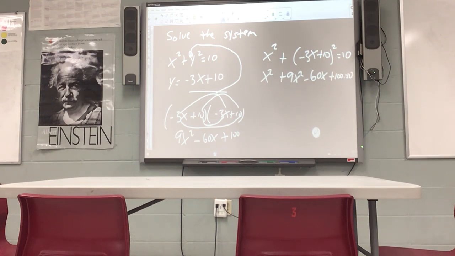Then you're going to combine like terms, right? There's no new math that we're doing here. So we've got 10x squared minus 60x plus 100 is equal to 10.